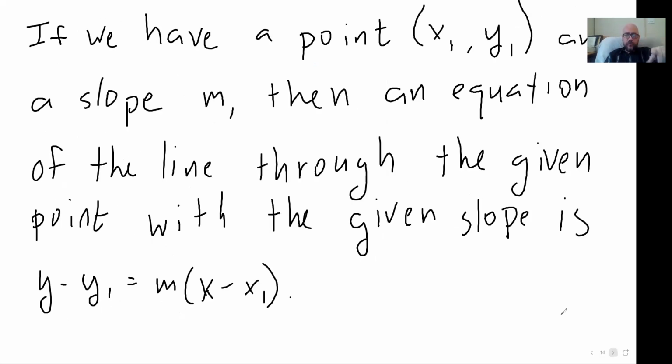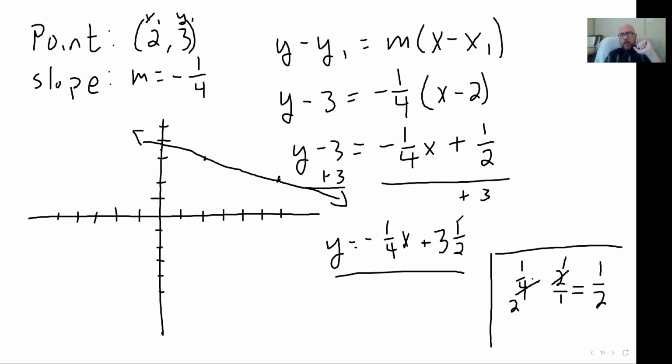Point-slope form, super useful. A little hard to understand, but super useful. This is our point, (x1, y1), and that appears here and here in the formula. m is still the slope, x and y are x and y, they're variables. So if you get a line in this form, it means that (x1, y1) is a point on your line, right?